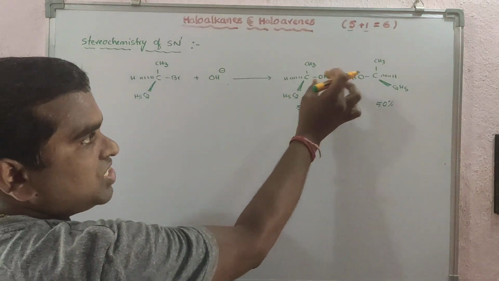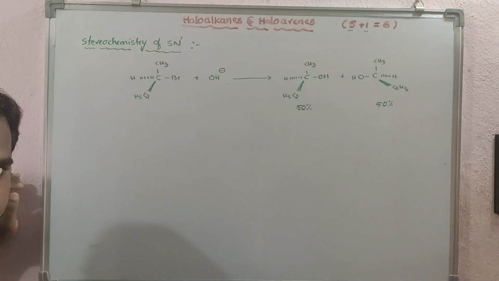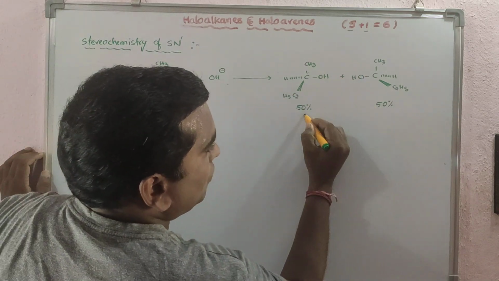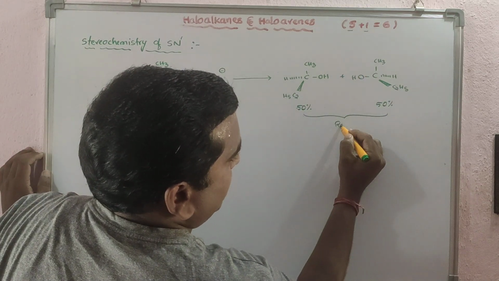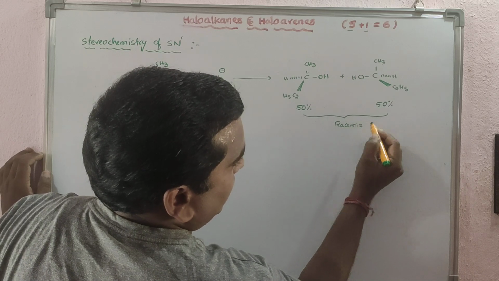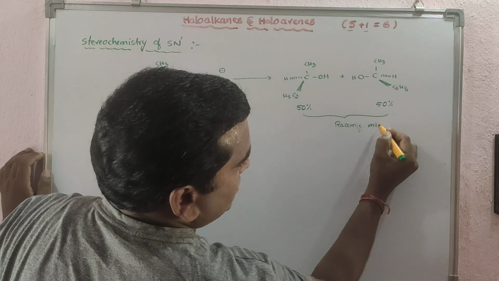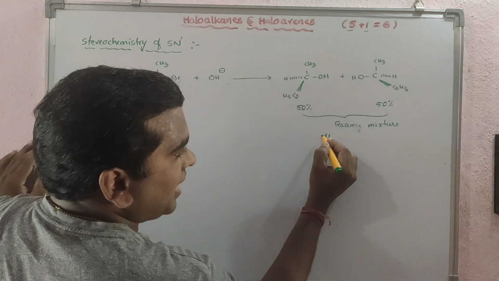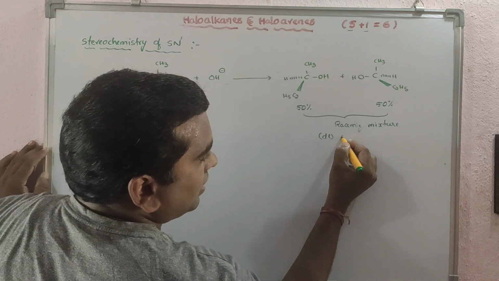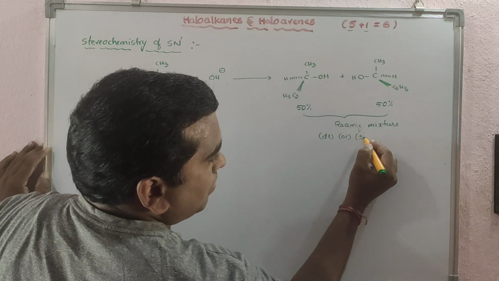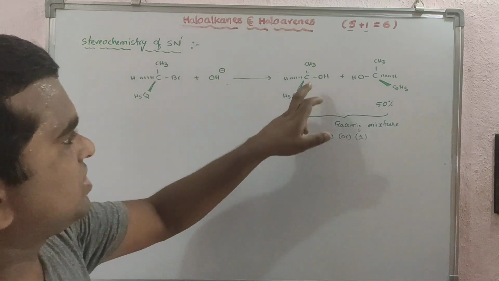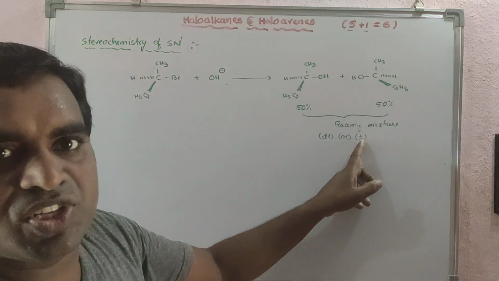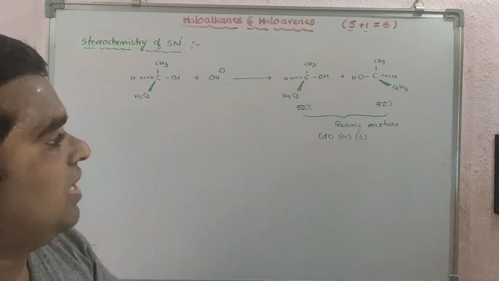One is dextro and another one is levo. So this mixture we will call a racemic mixture. A racemic mixture is denoted by DL, or we can denote it by plus or minus. D means dextro and L means levo. Plus means dextro, minus means levo. Both exist, so that's why DL.